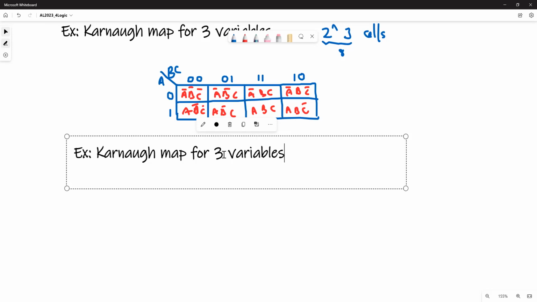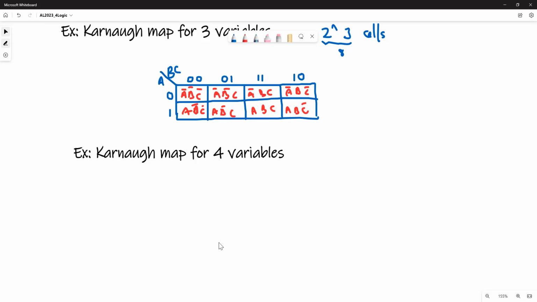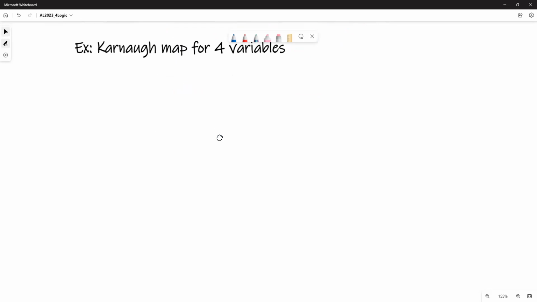So let's try with the 4 variables case. We are going to have 4 variables. So in 4 variables means we are going to have 2 to the power 4, that is 16 cells, right? So we have to have 4 by 4.